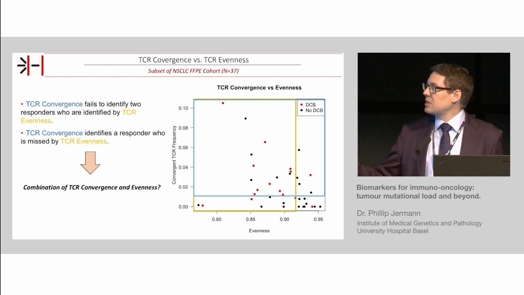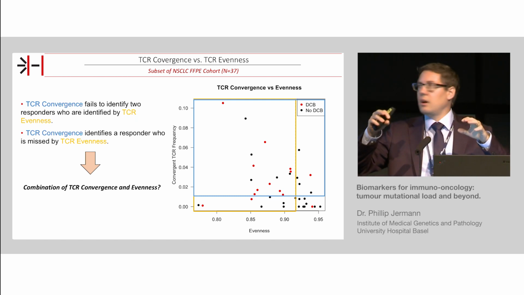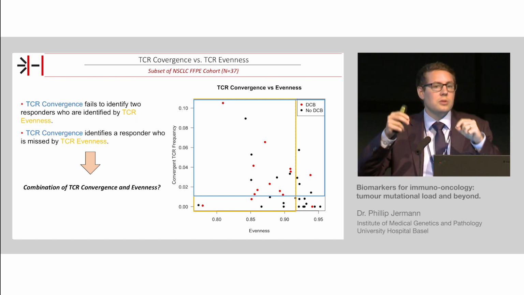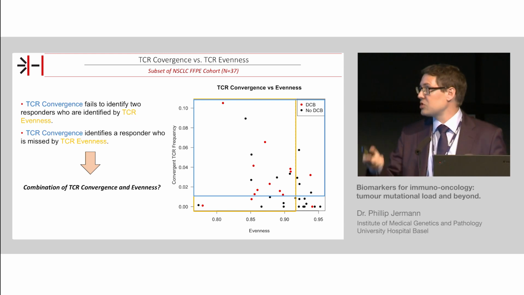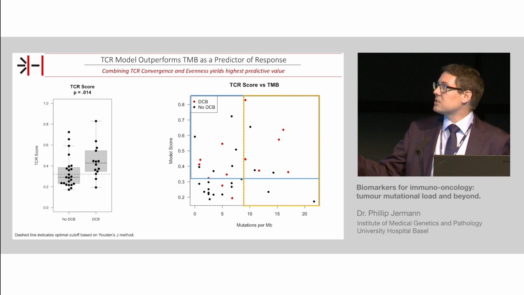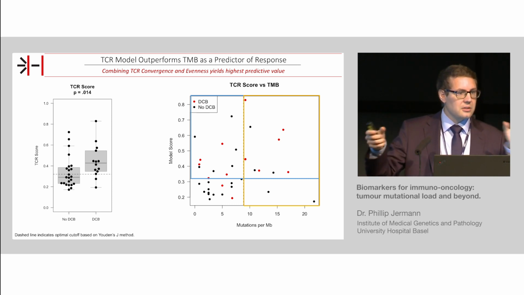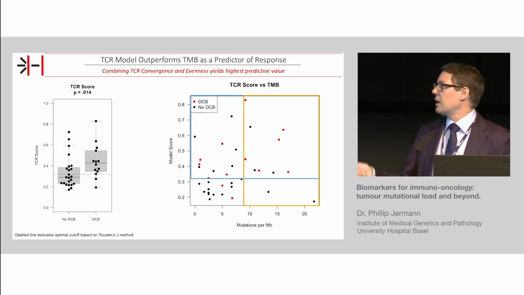So based on this, we said, what if we combine evenness and convergence into 1 TCR score? We did a logistic regression model, which now yields a score including both values. Again, we calculated the cutoff based on a Youden index method, and it does perform slightly better than either convergence or evenness alone.